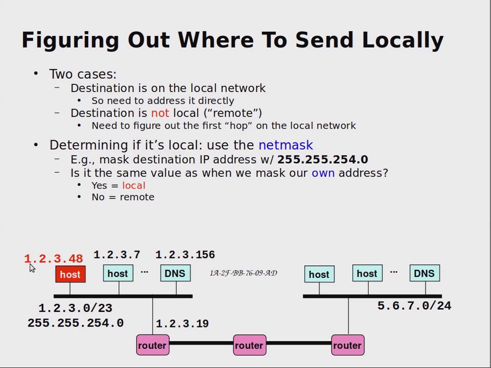And so if this host with IP address 123.48 wants to send something to address 123.7, then the only thing it needs to know is what the MAC address is for this particular host. And of course it has its own MAC address, so then it can use the Ethernet network to send an Ethernet frame from this host to that host, and then it is reached.